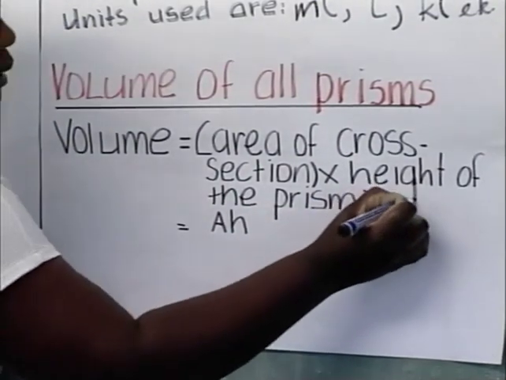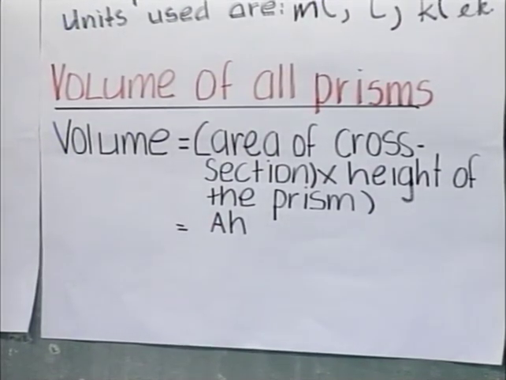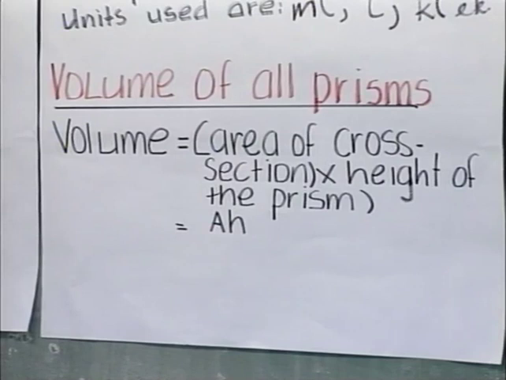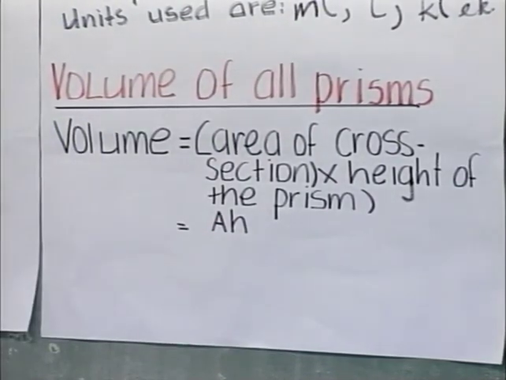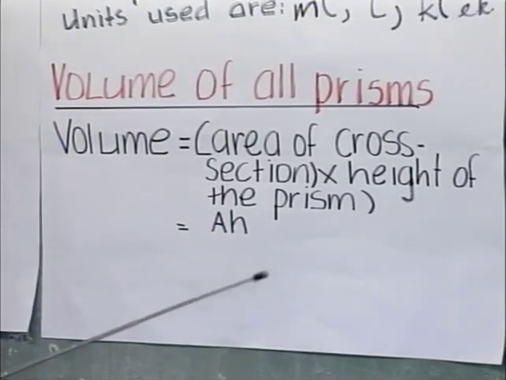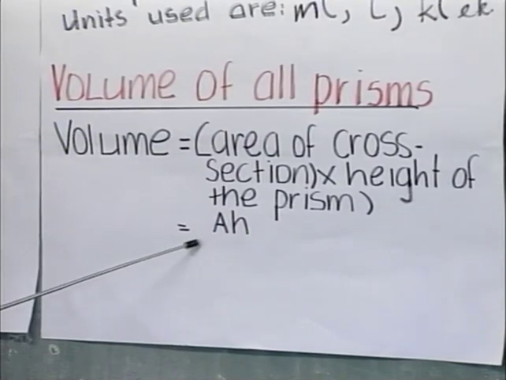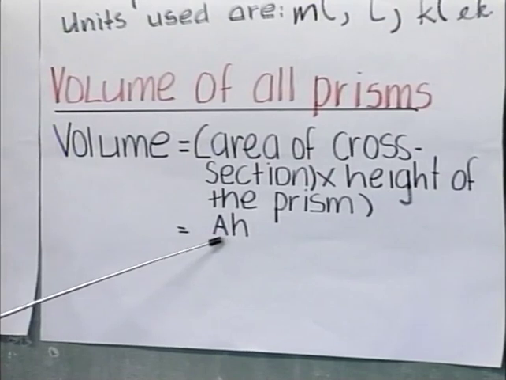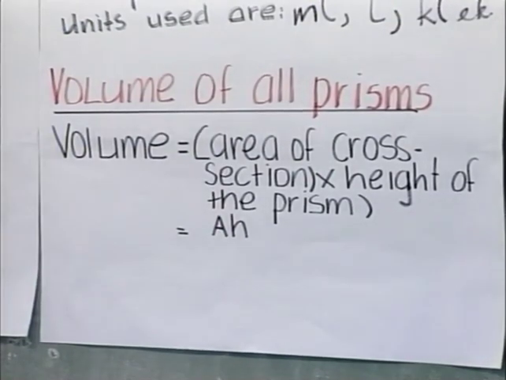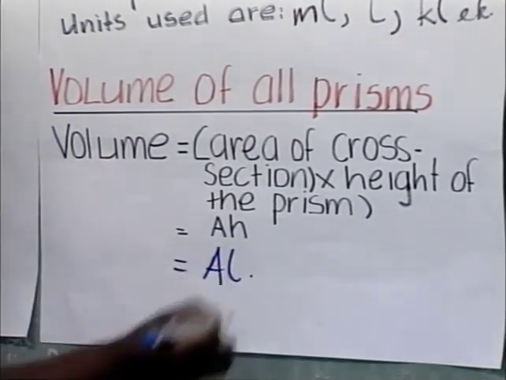Sometimes if the prism is lying down, then you multiply that by the length and not the height. So it's sometimes the cross section multiplied by the length in some books. All right then, so generally the volume of any prism or any solid is given by A, which represents the area of the cross section, multiplied by H. Like I said, sometimes you might be given A times L.